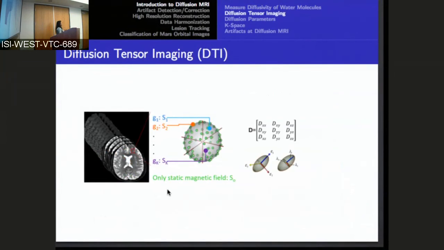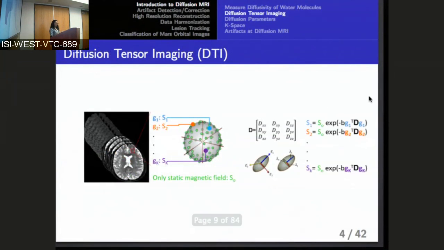In the diffusion community, usually what they do is model the diffusivity of water molecules at each voxel by an ellipsoid. You know that an ellipsoid can be represented by a symmetric 3x3 matrix. In fact, what we measure on the scanner is S1 up to SK. We have S naught, and we know the b value on the scanner.